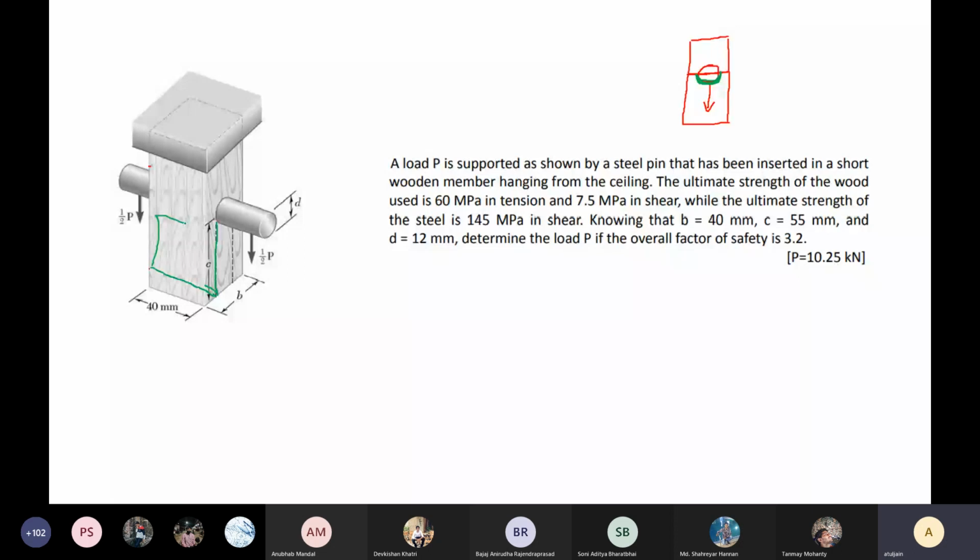Now the shear is an internal surface with C into 40. So C is the height up to the center of that pin, no, sir. So the area will be below that pin. So we have to subtract that D by 2 from C, isn't it?